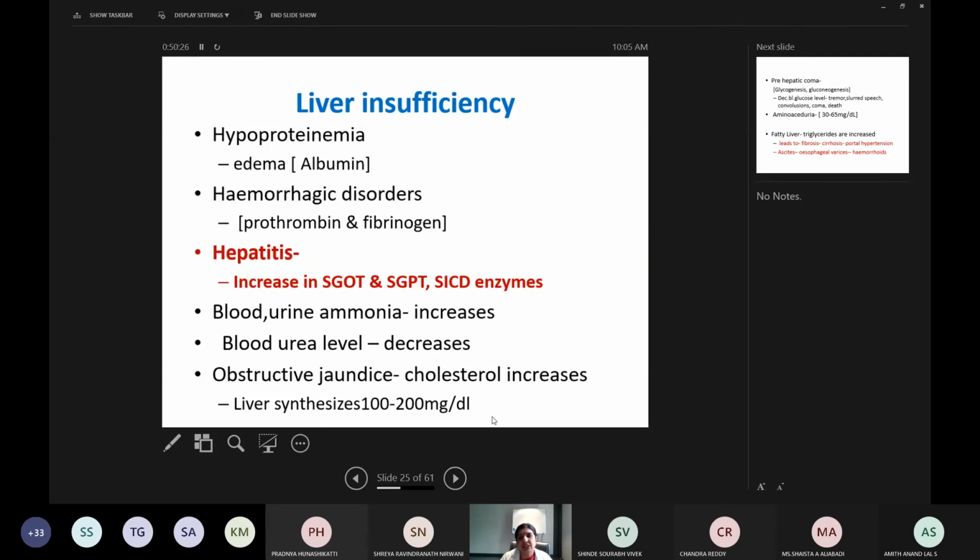Then in obstructive jaundice, because cholesterol is synthesized in the liver, there will be a lack of this cholesterol in the blood.